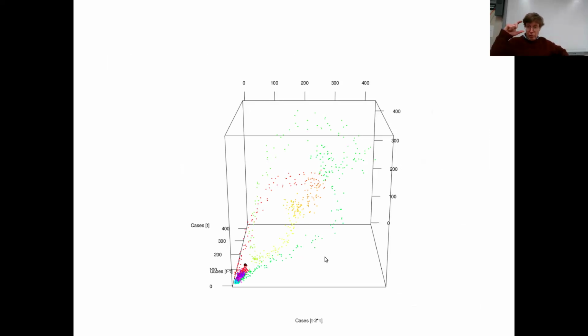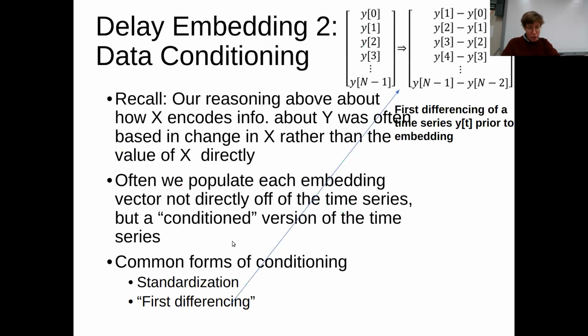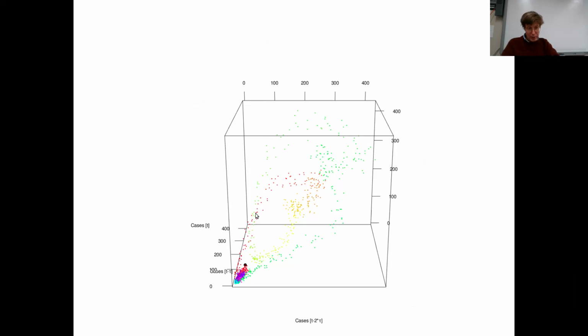If we had those vectors of size 3, each would occupy a point in this 3-dimensional space. Here's the value at t, here's its value at time t minus 1, here's its value at time t minus 2, and that determines this plot.